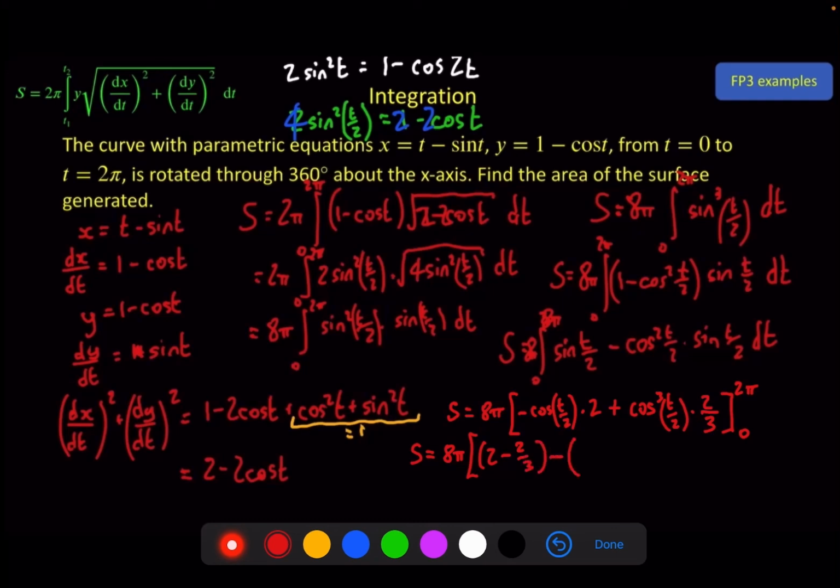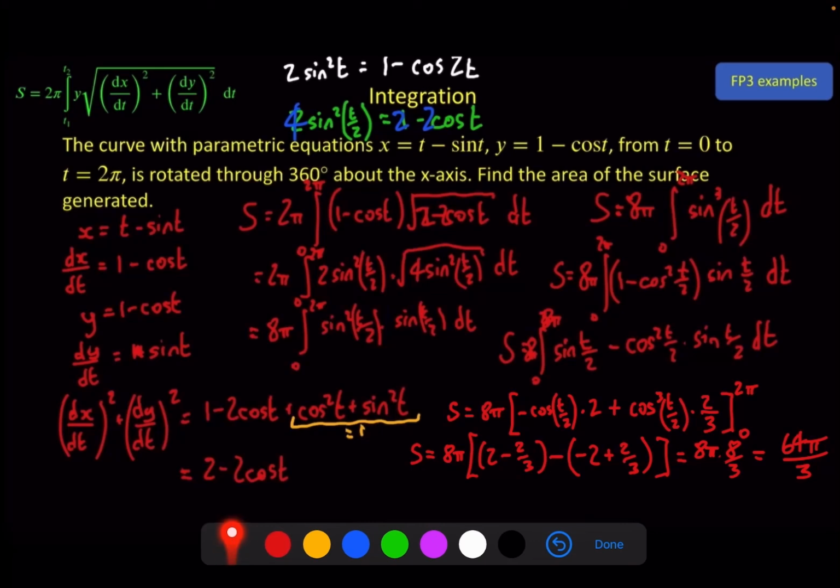Our second limit is a 0, cosine of 0 is a 1, so we have minus 2 here, and then we have a plus 2 over 3 for the second one. And if you do that, we have 8 pi times 8 over 3, which gives us the final answer, 64 pi over 3.